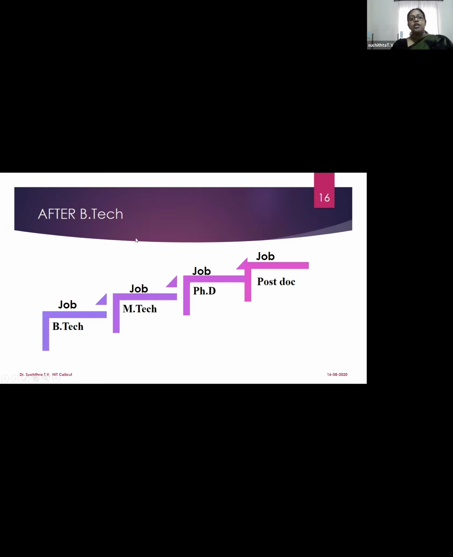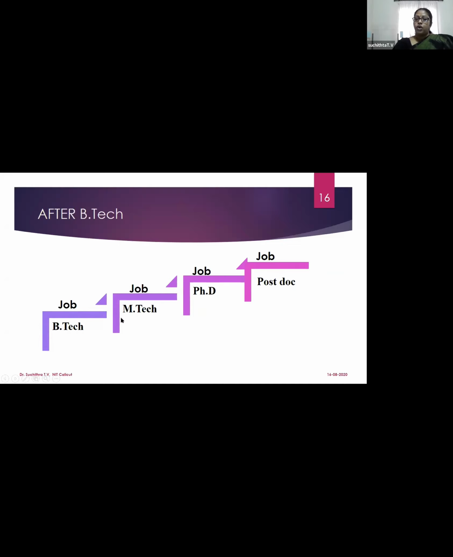And after the BTech program, what are the possibilities? Even just after the BTech, you can go for a job, or you can go for your PG program, MTech or MS, or you can go directly for a PhD. And in between, if you want to go for a job, you can search for that and achieve it.